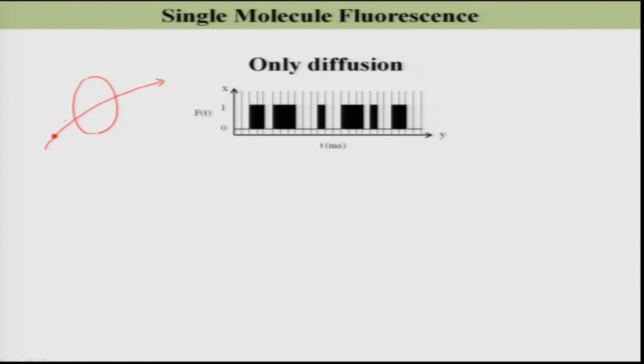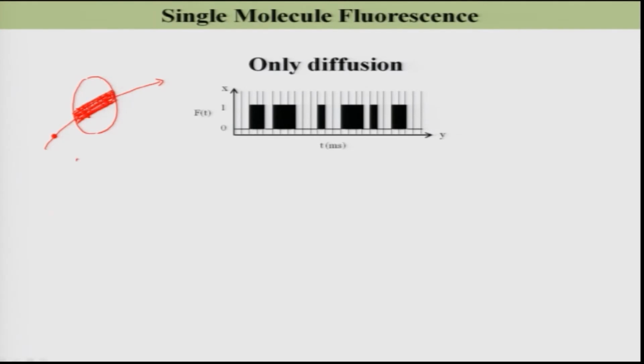Here the molecule is non-fluorescent. The molecular fluorescence will be detected only when it is present within this observation volume. Throughout this path, the molecular fluorescence will be detected, and the molecule will take some time to cross this observation volume.